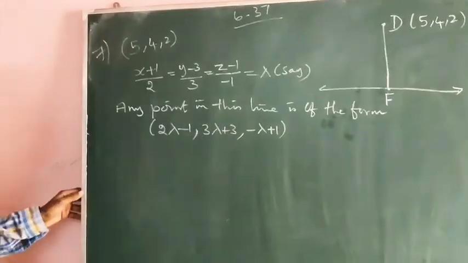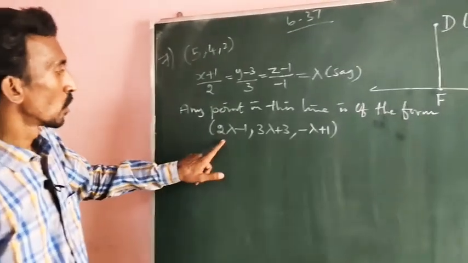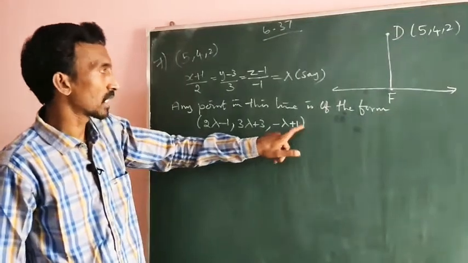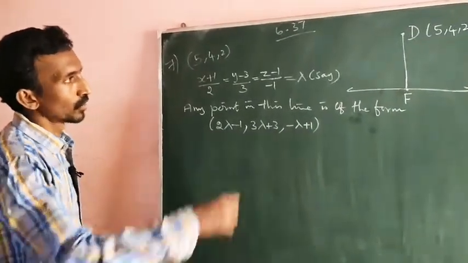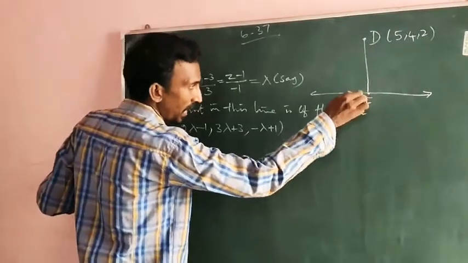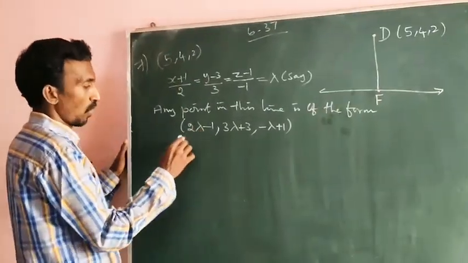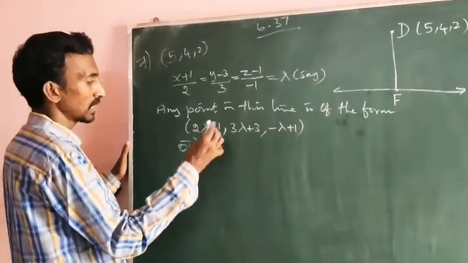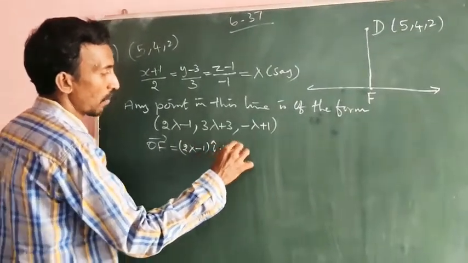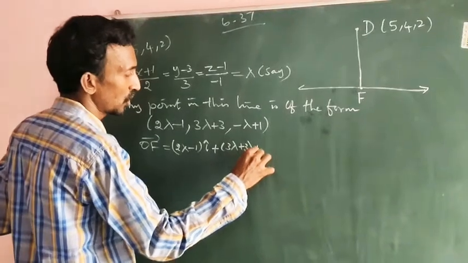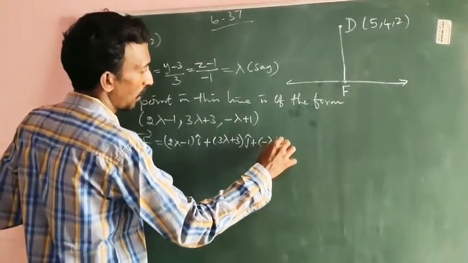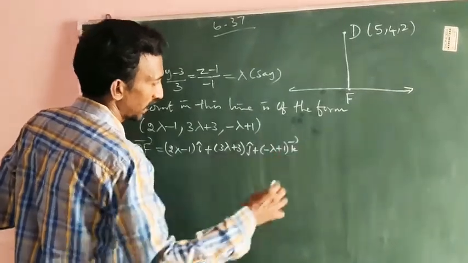So any point in this line is of the form (2 lambda minus 1, 3 lambda plus 3, minus lambda plus 1). Therefore F is also a point in this line, so OF vector can be represented as (2 lambda minus 1) i vector plus (3 lambda plus 3) j vector plus (minus lambda plus 1) k vector.